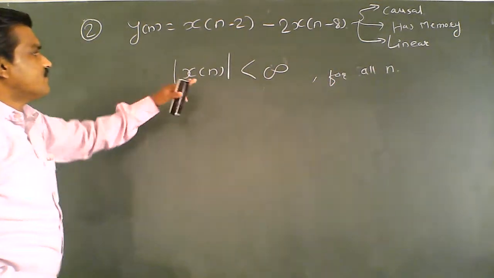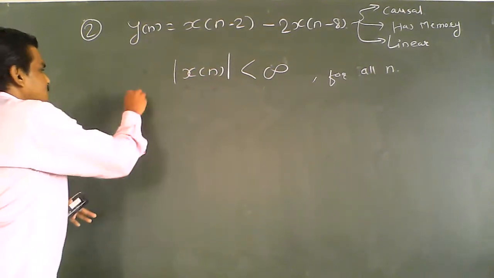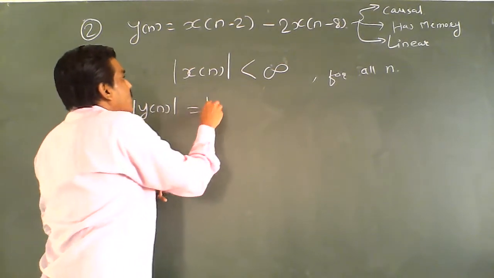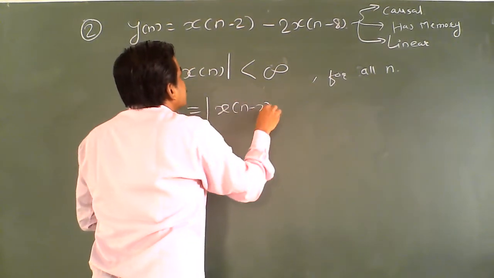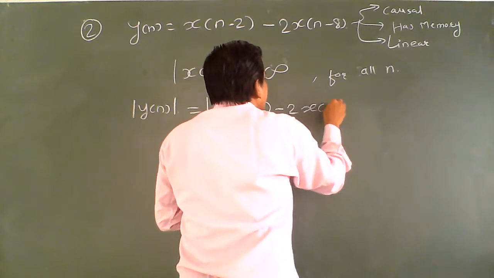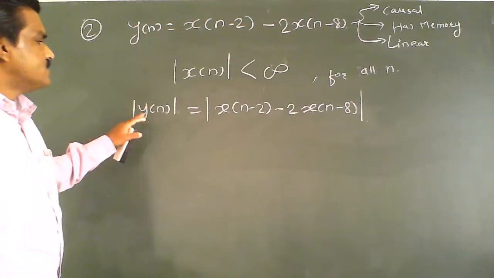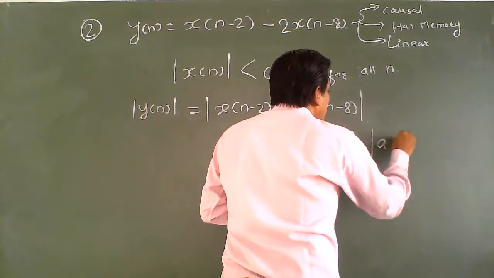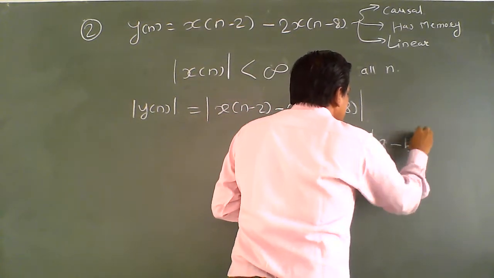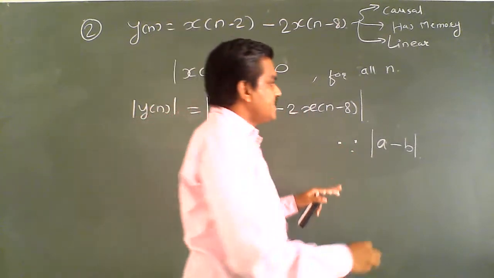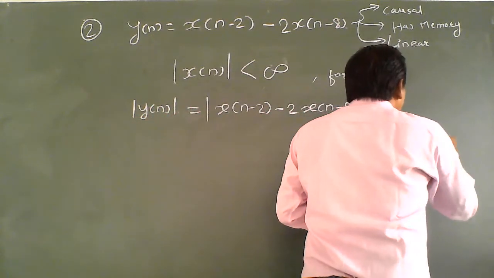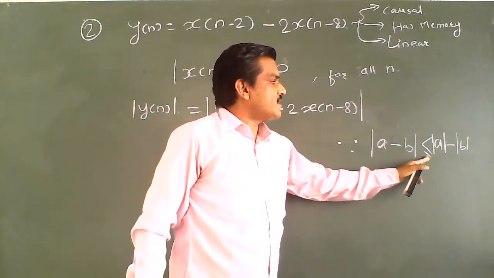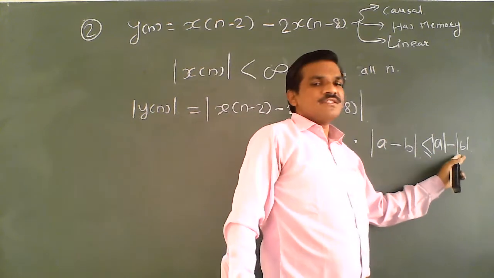Then what happens if x of n is bounded? Your y of n is equal to mod of x of n minus 2 minus 2 times x of n minus 8. So we know that mod of a minus b is less than or equal to mod of a plus mod of b.